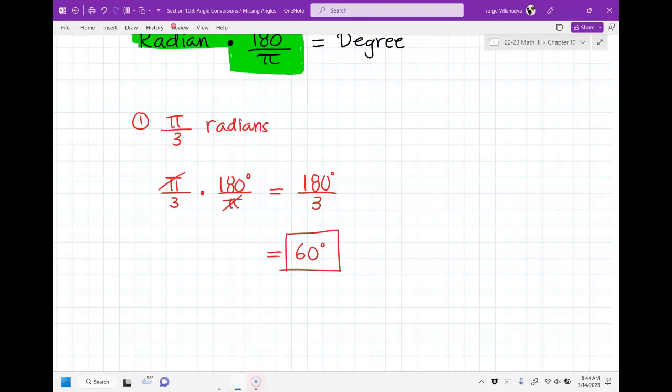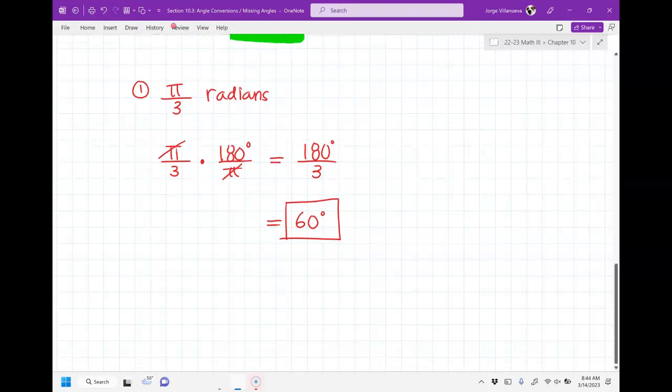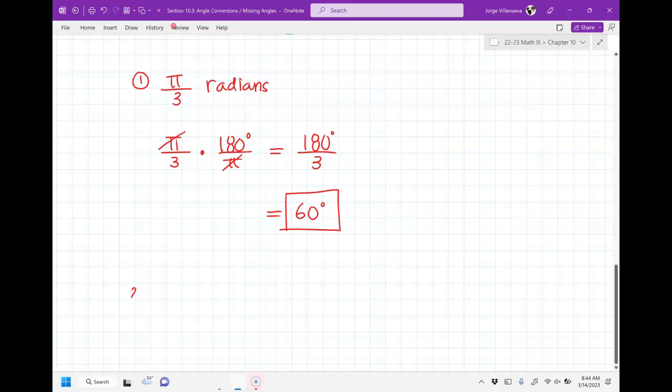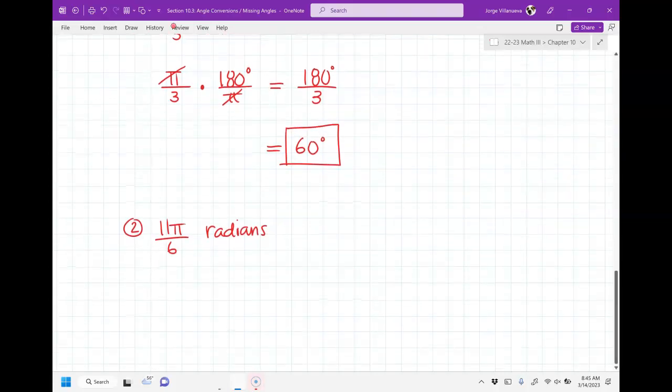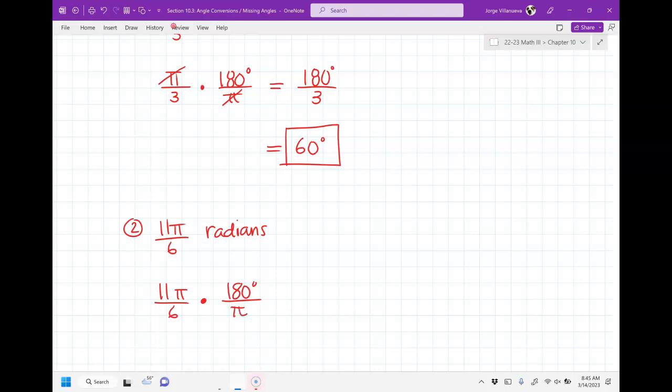We'll try something a little bit more interesting. We'll try like 11 pi over 6. That should come out to 330. But let's try that. 11 pi over 6 radians. So I'm going to get the 11 pi over 6 and multiply that by 180 degrees over pi.